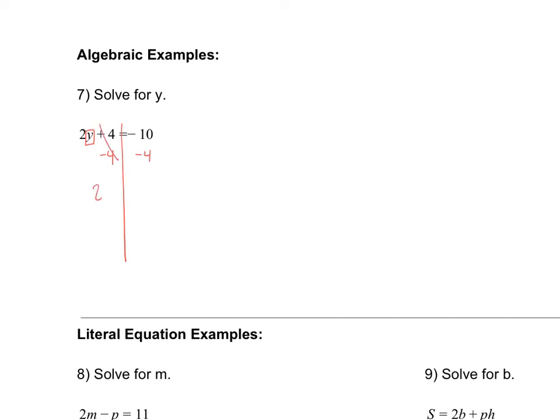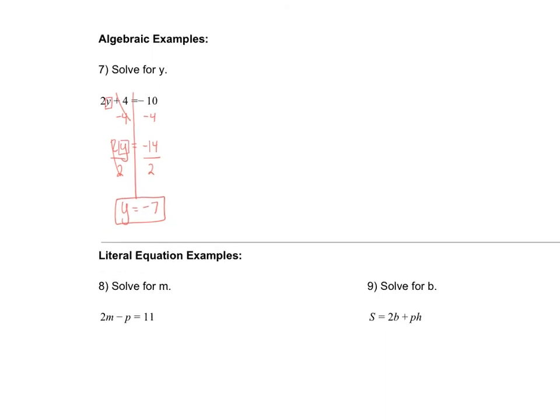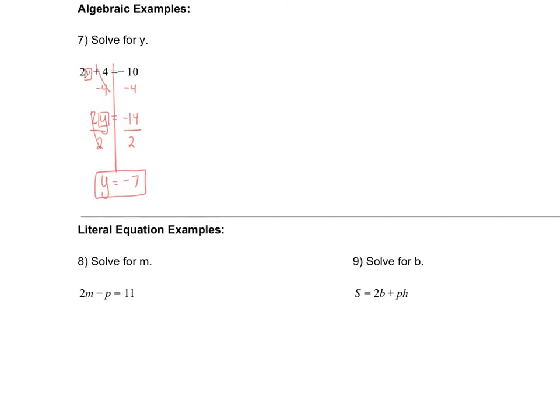Once I do that, I'm left with 2y equals negative 10 minus 4, which is negative 14. I still want to get this y by itself. So I still have to divide both sides by 2 to get rid of that 2 next to it. So my final answer would be y equals negative 7. We're using those inverse operations to solve for y.